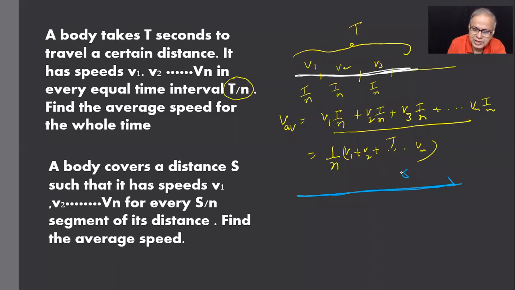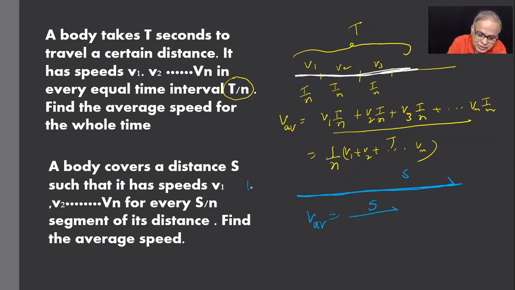This is s, right? So what is he saying? It says that it has speeds v1, v2, vn for every s by n. So the average speed will be s by n plus s by n plus s by n plus s by n, which is what? S only, right? Yes, sir. Divided by the total time.